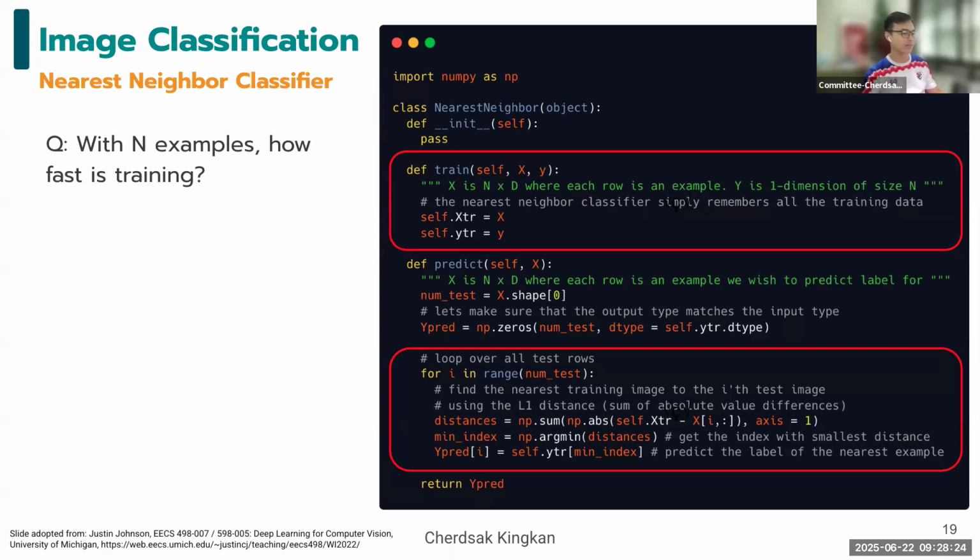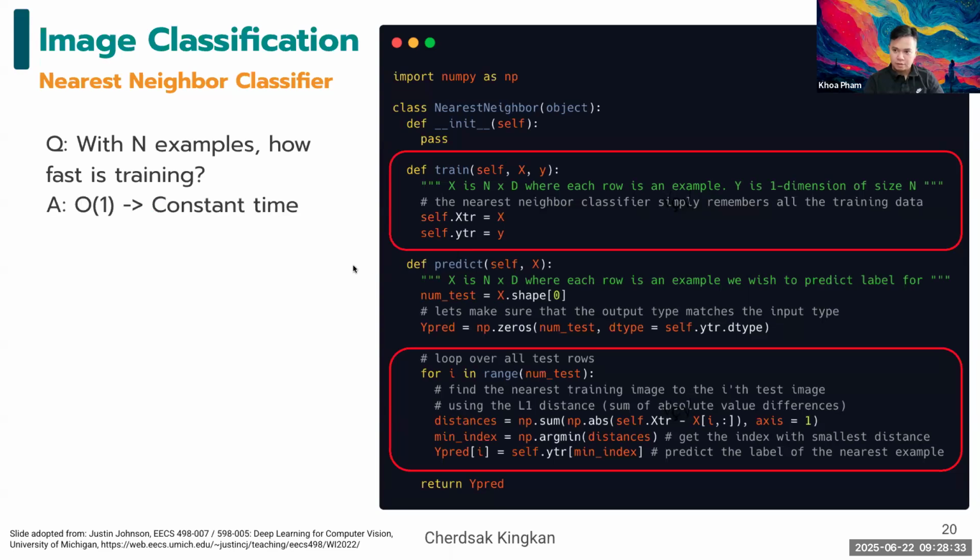How fast can we train this? So it would be O(1), right? Yes, constant time, because it does nothing but just remember the training data, going through the training images one by one. So it's constant time. It's O(1).